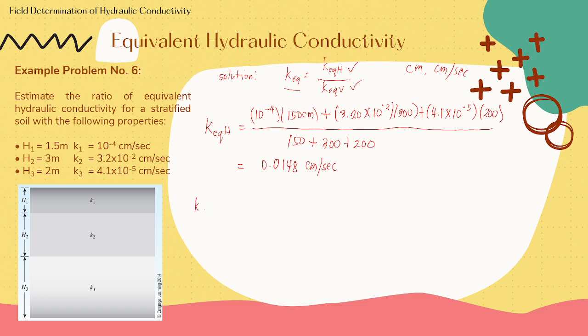And then for the vertical equivalent, we can write 650 all over 150 over 10 raised to negative 4, plus 300 over 3.20 times 10 raised to negative 2, plus 200 over 4.10 times 10 raised to negative 5.